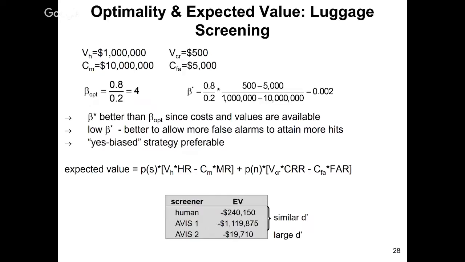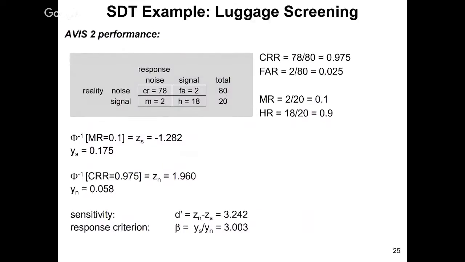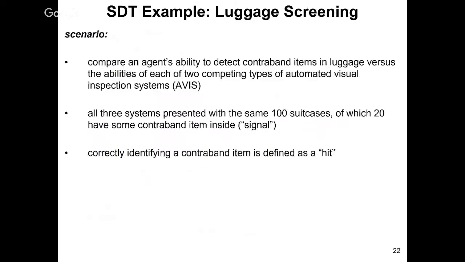You would have to come up with hit rate, miss rate, correct reject rate, false alarm rate, but you would also come up with these. Remember how we came up with those? The probability of signal and the probability of noise. Well, let's go back. We could get it from right here.